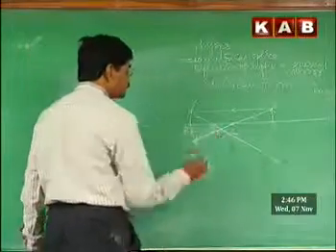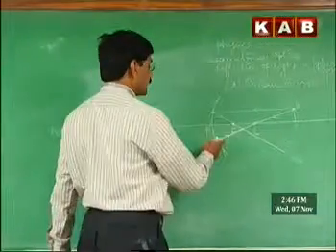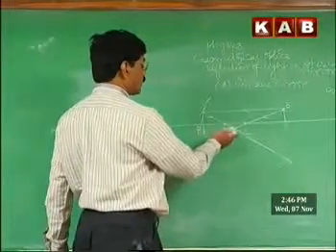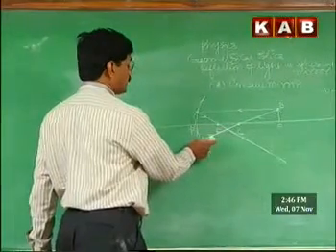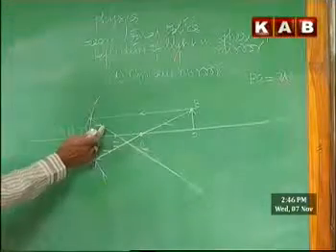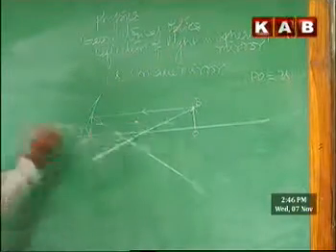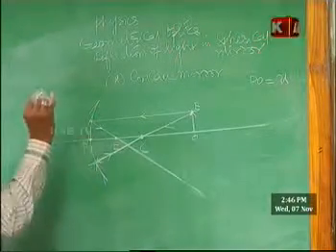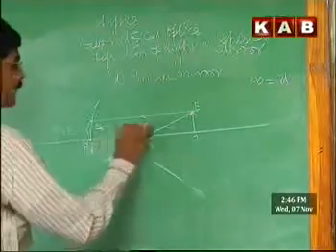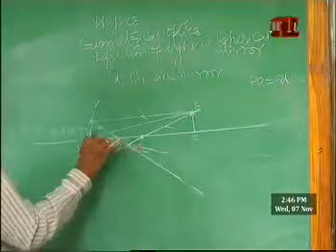Therefore, the ray just turns back, retraces the same path, turns back along the same line. This is the reflected ray corresponding to this incident ray, and this is corresponding to this incident ray. We can also take another ray which is incident on the pole, and that also will pass through this point.